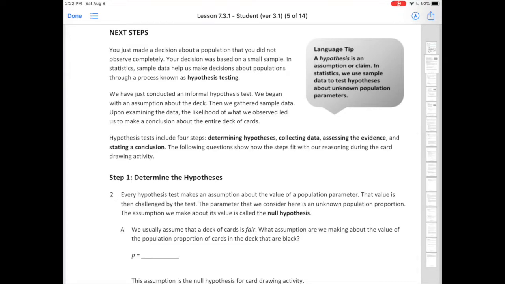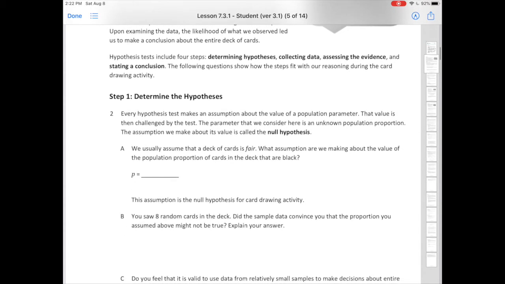If not, we reject the claim, and if it supports the claim, then, well, I'll get into more detail in a second, okay? So hypothesis tests include 4 steps. The 4 steps are: 1, determining hypothesis; 2, collecting data; 3, assessing the evidence; and 4, stating a conclusion. The following questions show how the steps fit with our reasoning during the card drawing activity.